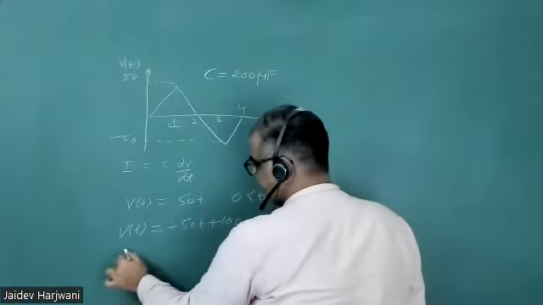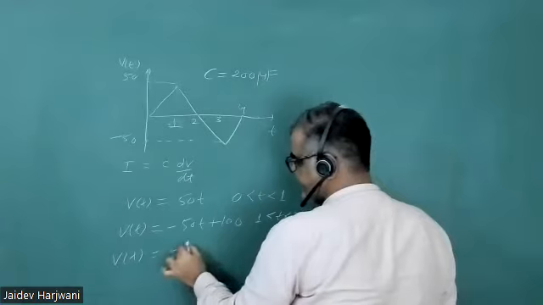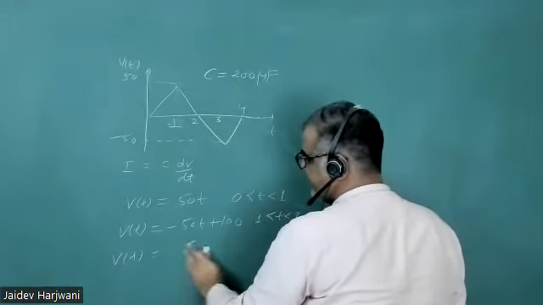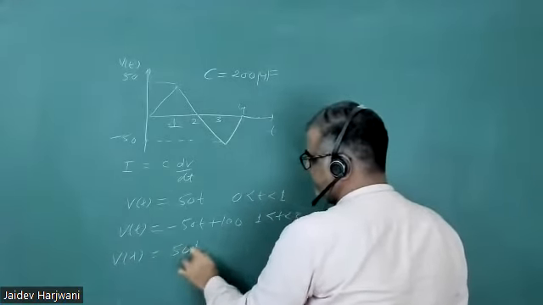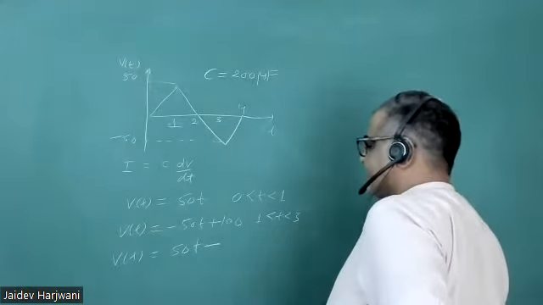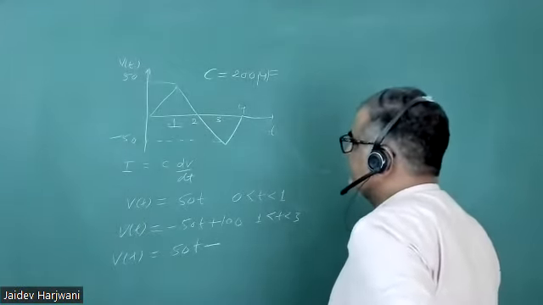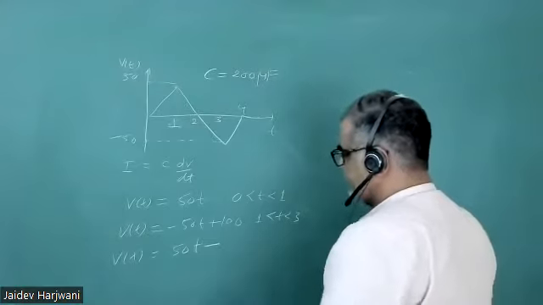Now this time is between 1 to 3 seconds, and the third equation is for 3 to 4. Again the slope is 50, so 50t. Now the slope is plus. What should I add here? What is the constant c this time? Minus 200.